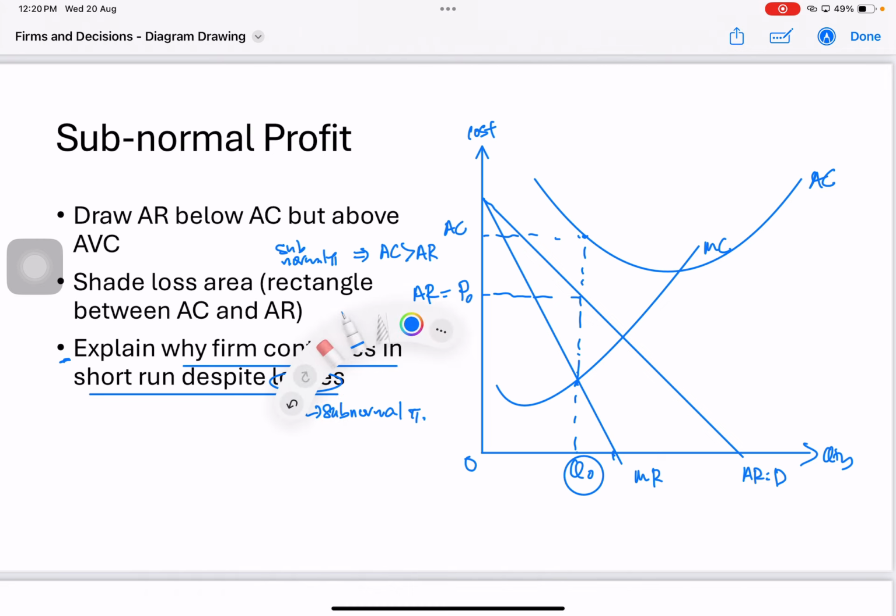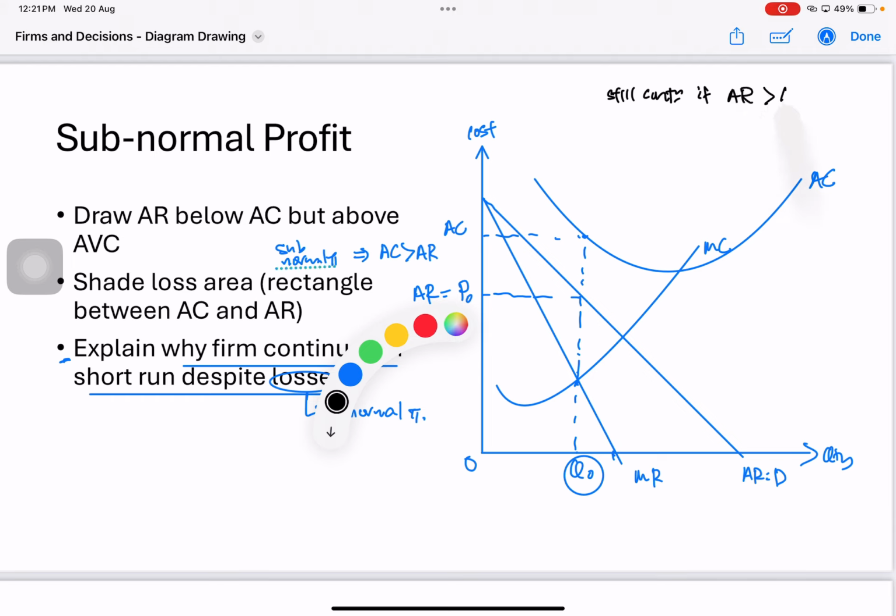They will still continue if AR is more than AVC. Agree? This is what maybe you have memorized. Then we use the diagram. AR is more than AVC.